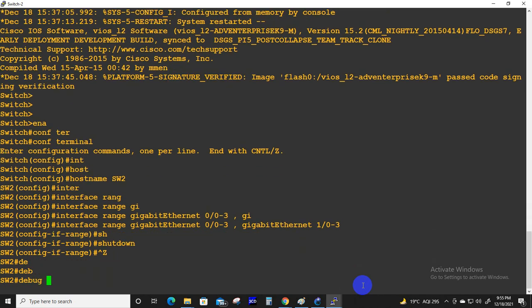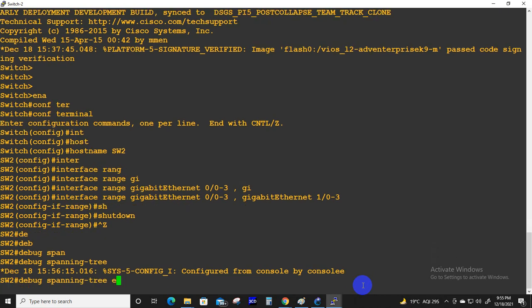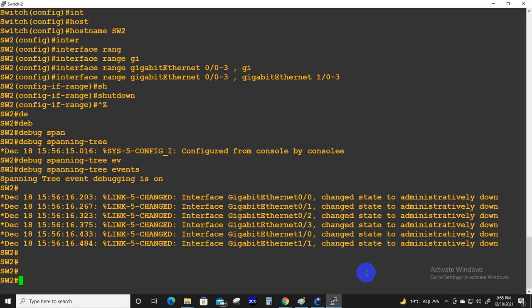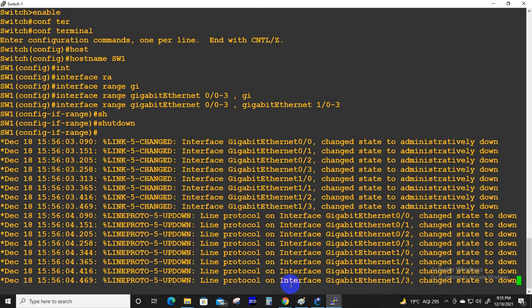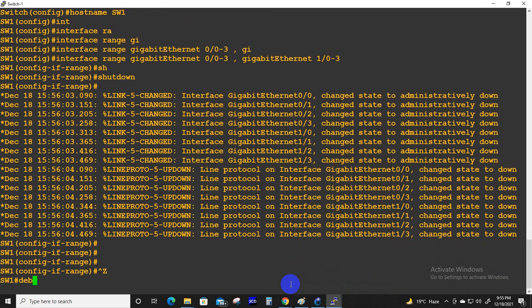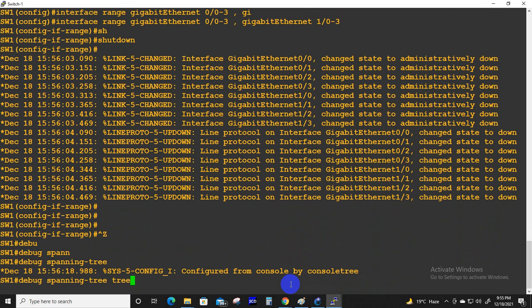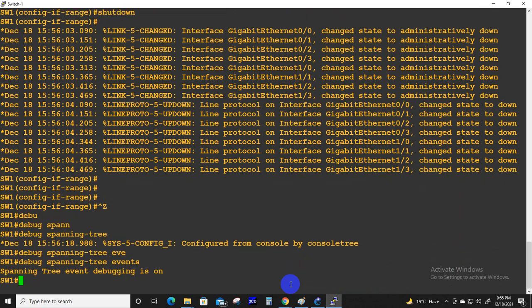Debug spanning-tree events in both switches. Okay? Now enable RSTP in both switches.